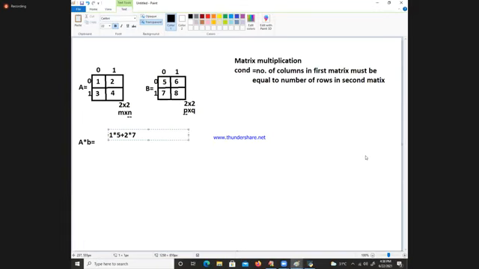Next, what are you doing? Plus 1 into 7 multiplied with that thing. Next position: 1 into 6 plus 2 into 8.